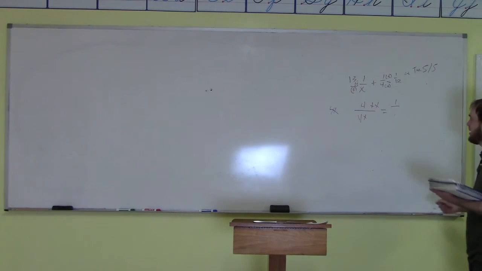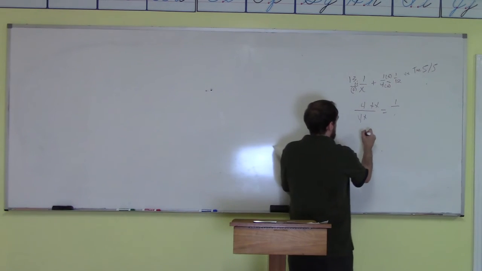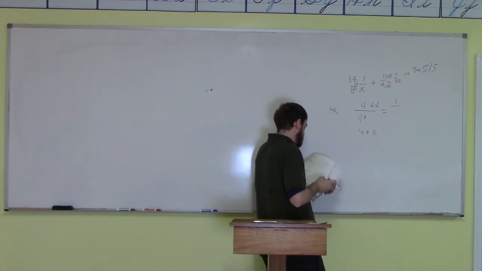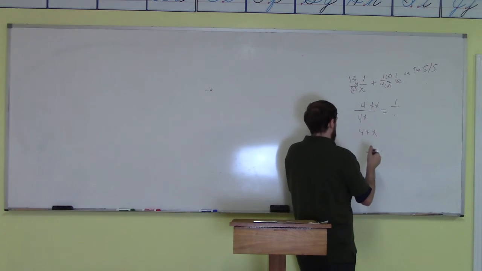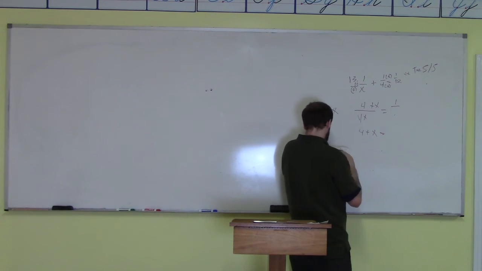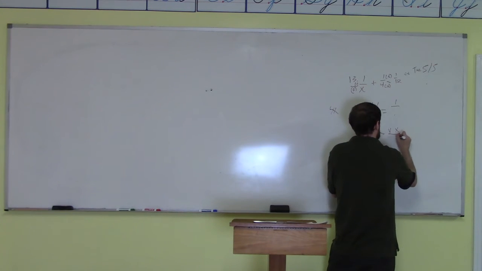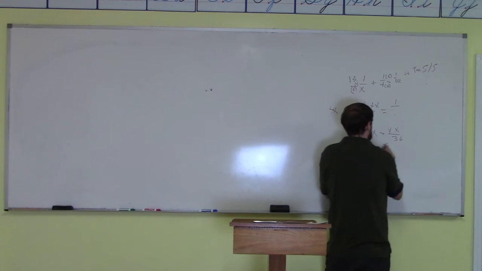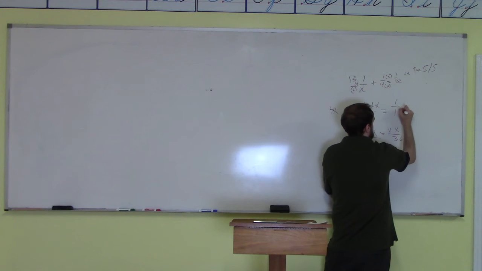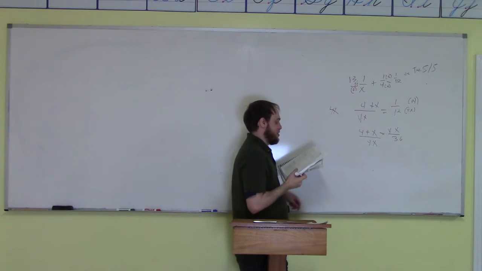So basically what happens is I end up with 4 plus x over 4 equals 4x over 36. Okay, so that's what I have now.